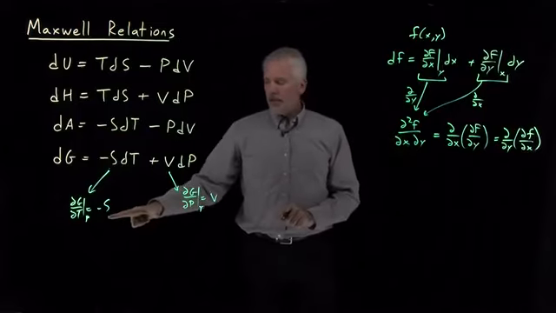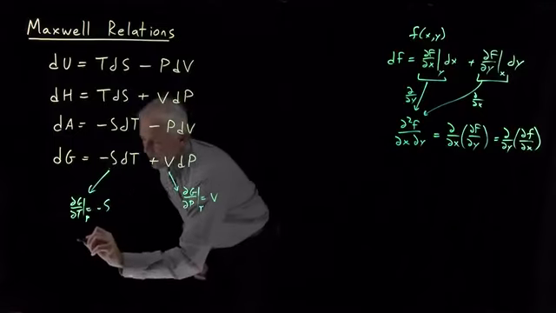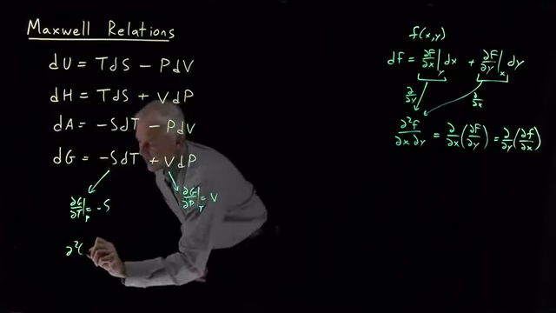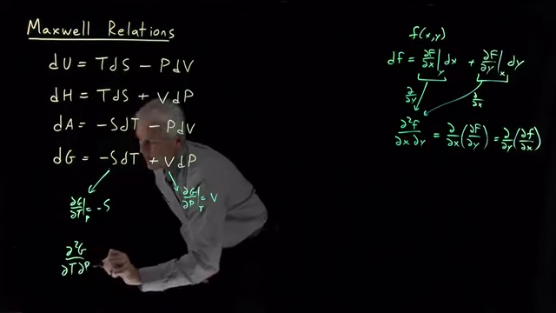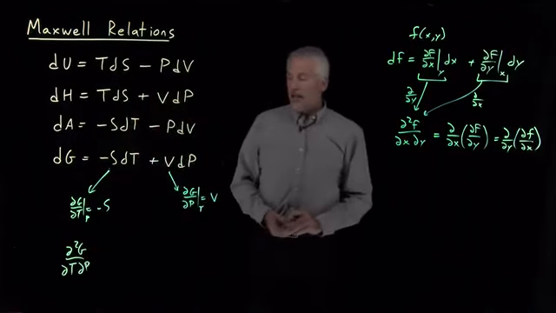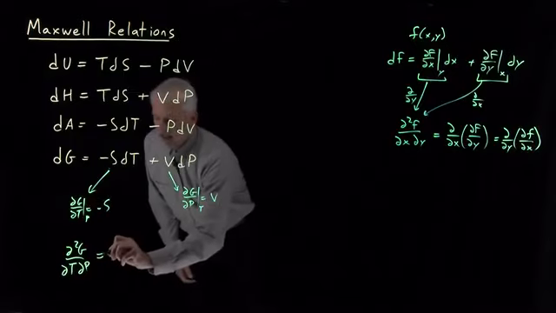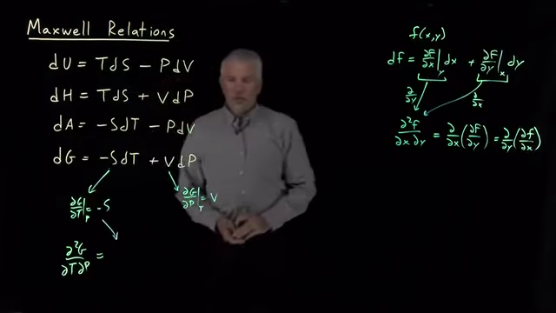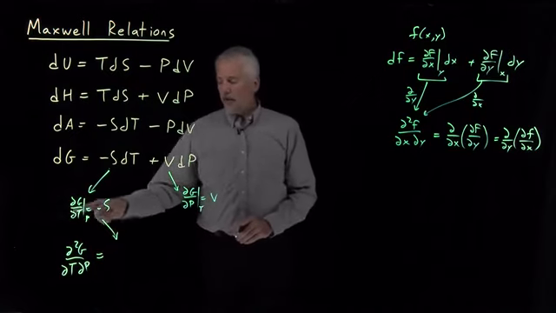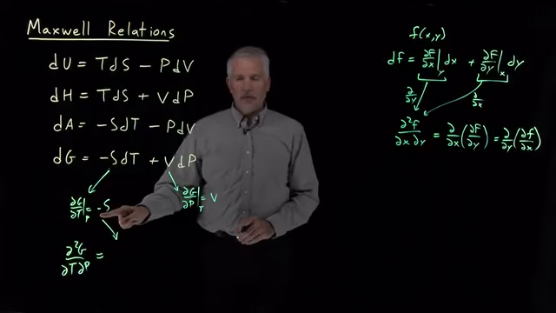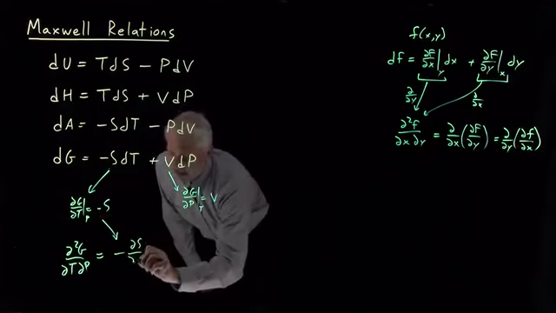What that means for these fundamental equations is if I'm thinking about the second derivative of G with respect to T and P, I can either take the first derivative with respect to T and then take the derivative with respect to P. So take the pressure derivative of this thing. So take the pressure derivative of S with a negative sign, gives me minus dS dP.